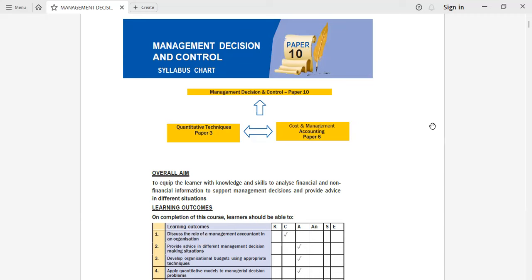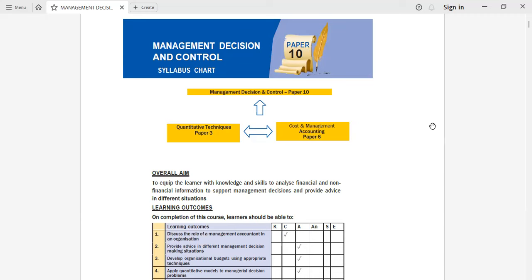So what I'm going to be recommending for the person who is going to sit for this paper in December, or who is just redoing it, is to have a scientific calculator and some past papers, because we said MDC has not been changing for the previous syllabus.